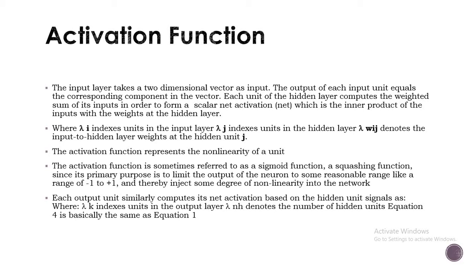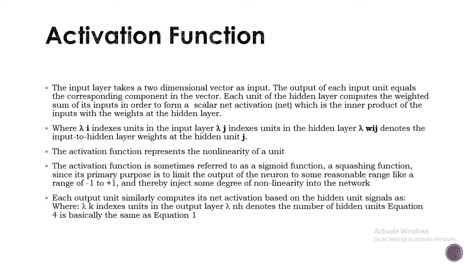The activation function represents the non-linearity of a unit. The activation function is sometimes referred to as a sigmoid function or a squashing function, since its primary purpose is to limit the output of the neuron to some reasonable range, like a range of -1 to +1, and thereby inject some degree of nonlinearity into the network.